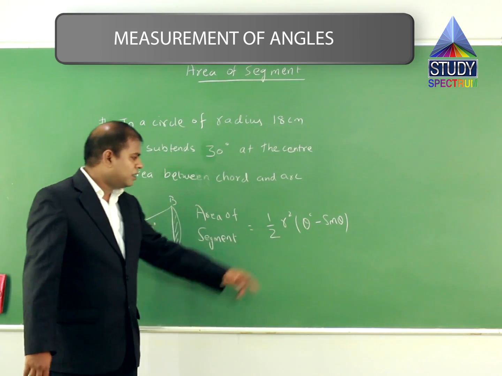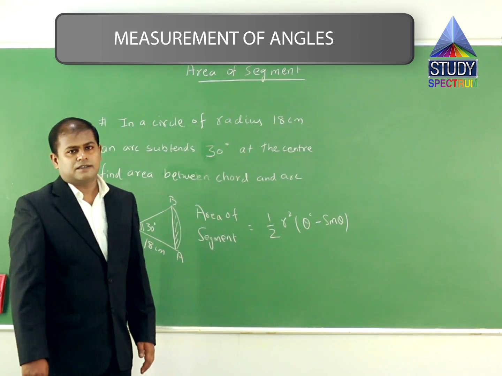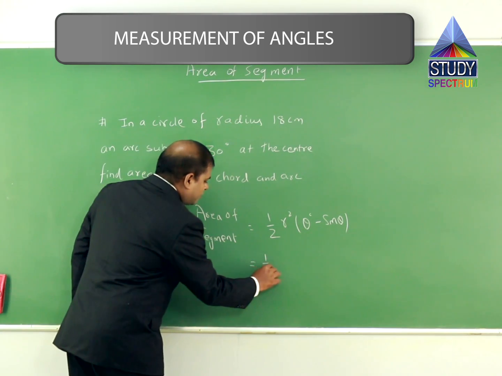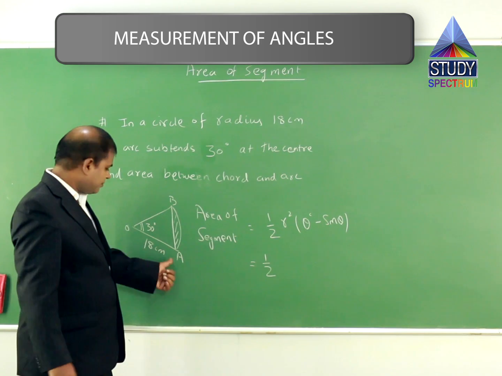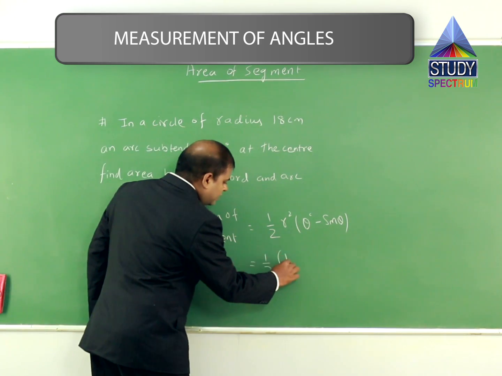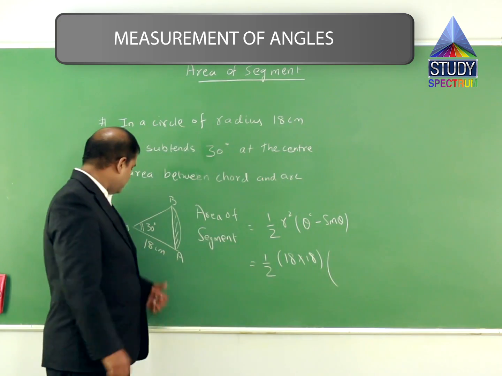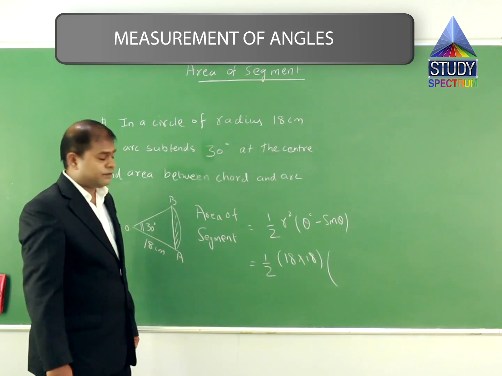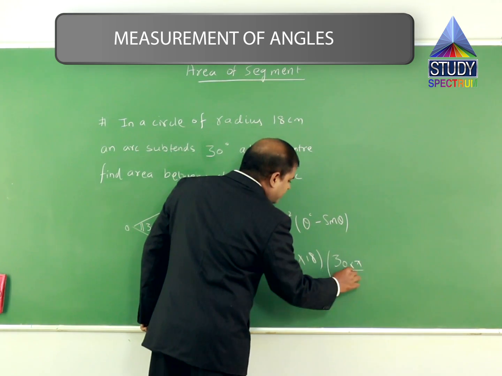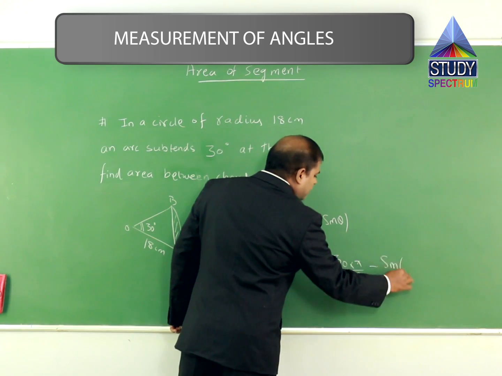So the answer would be half, and the radius in the figure is 18, so 18 into 18 into theta. Theta is 30 degrees, and we have to convert it into radians. So 30 degrees is 30 into pi by 180 radians, minus sine theta.